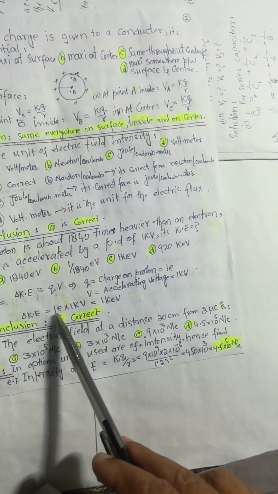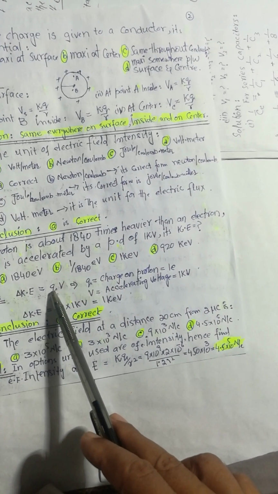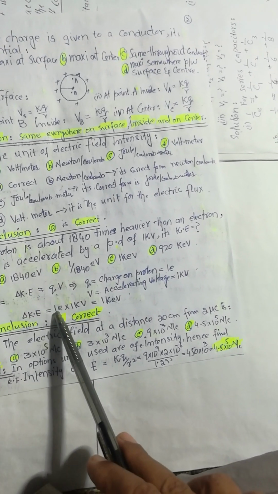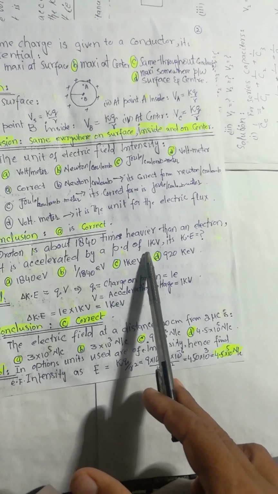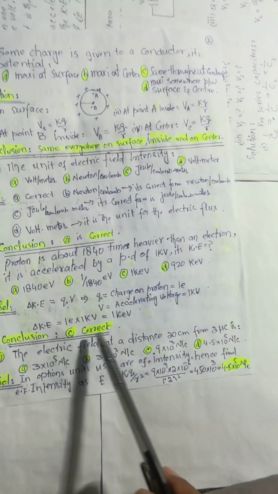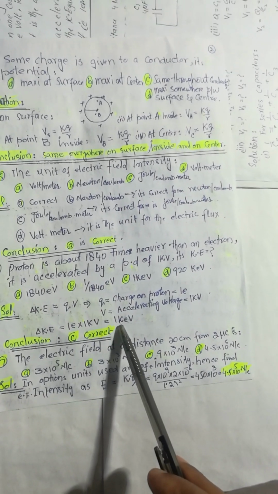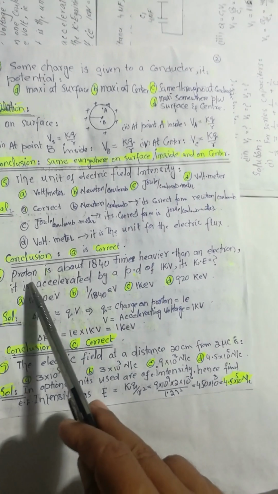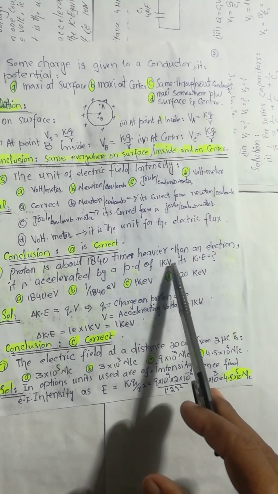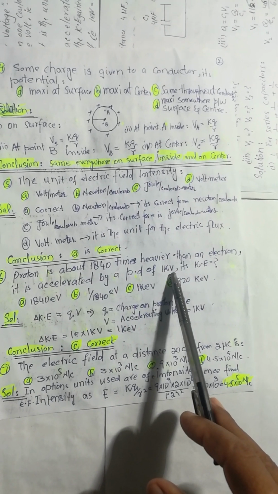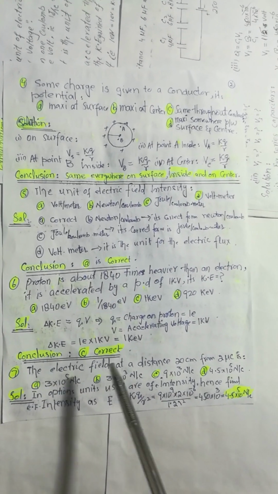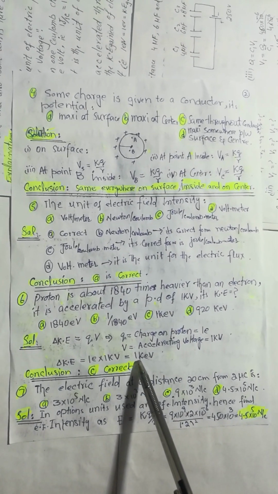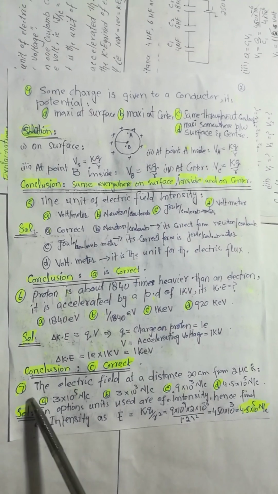Kinetic energy will be equal to, now put the values. Q for a proton is 1 e. Voltage given is 1 kilovolt. 1 kilo electron volt will be the kinetic energy of the proton when 1 kilovolt voltage is applied to accelerate the protons. Thus, option C is correct.